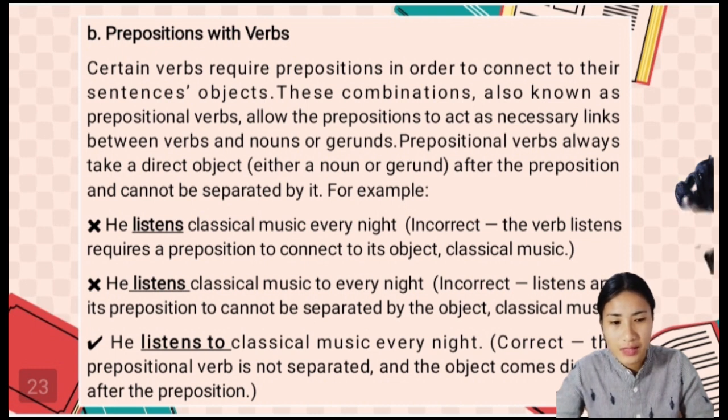This sentence is incorrect because the verb listen requires a preposition to connect to its object, classical music. And then the second example: he listens classical music to every night. The sentence is incorrect because listen and its preposition to cannot be separated by the object, classical music.